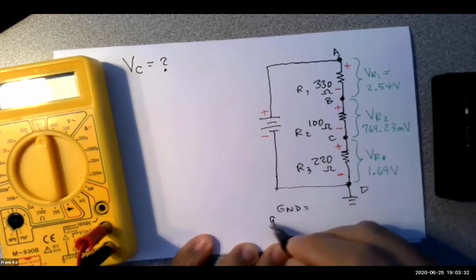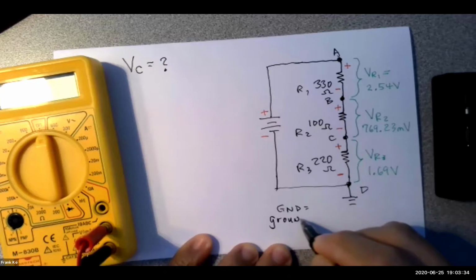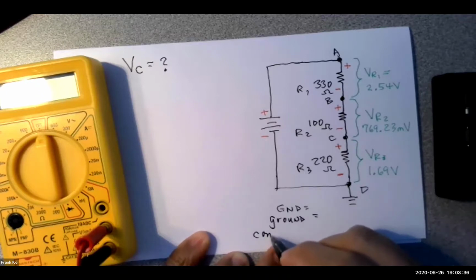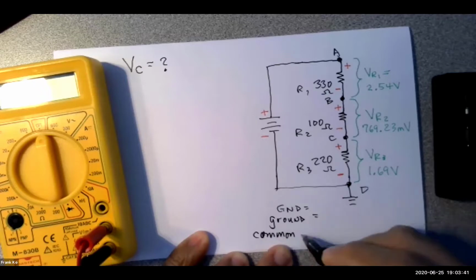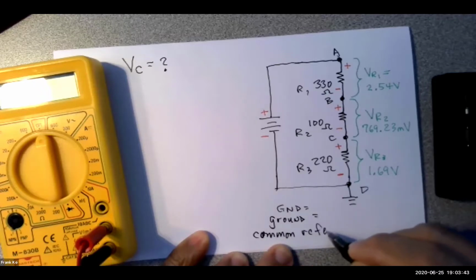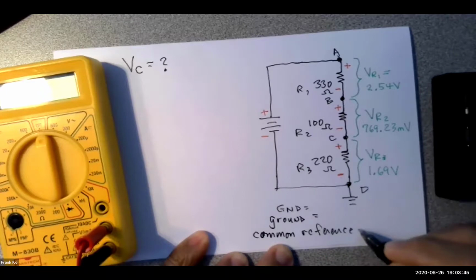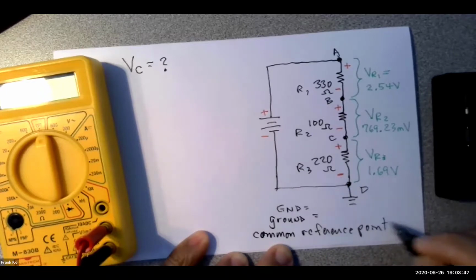GND is equal to something called ground, and that's equal to common reference point.